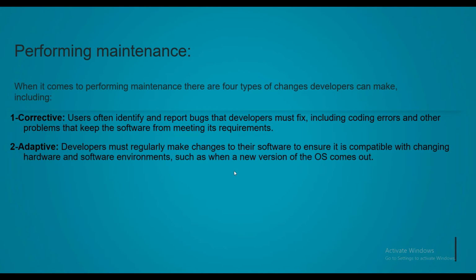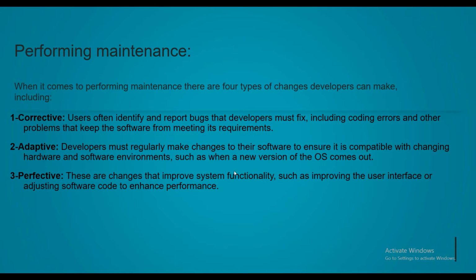The second one is adaptive. In this case, developers must regularly make changes to their software to ensure it's compatible with changing hardware and software environments, such as when a new version of the operating system comes out.